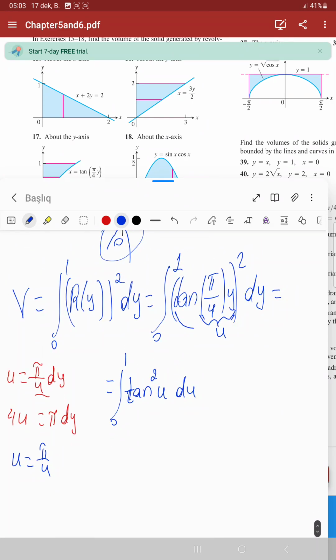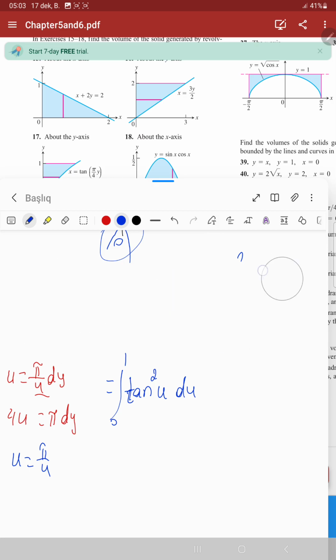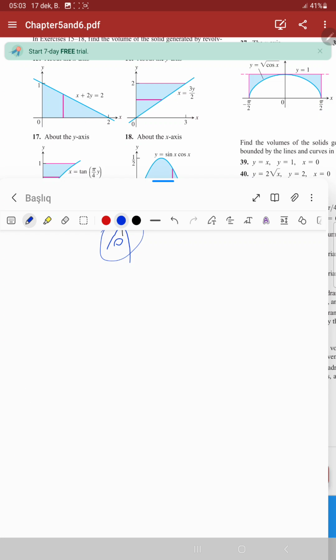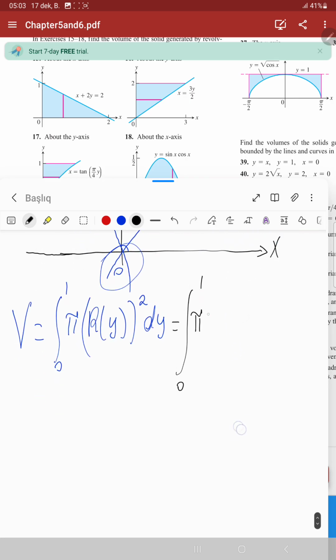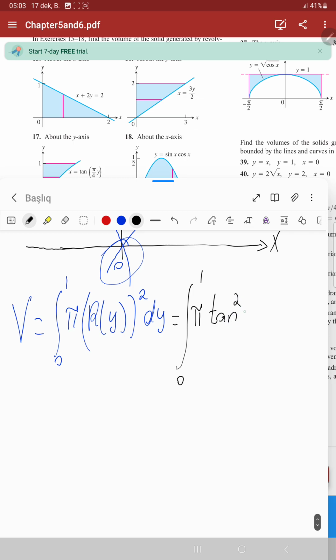Oh, okay. I think we forgot lots of things in here. Let me write again. What was our formula? I forgot pi. From 0 to 1, pi r(y) squared dy equals the integral from 0 to 1 of pi times tangent squared pi over 4 y dy.